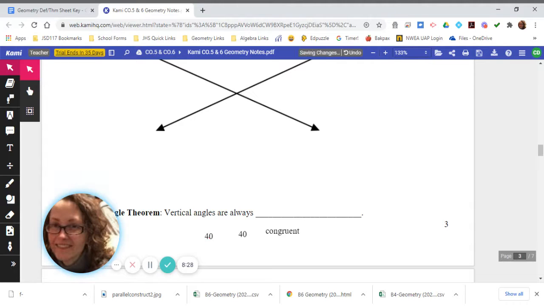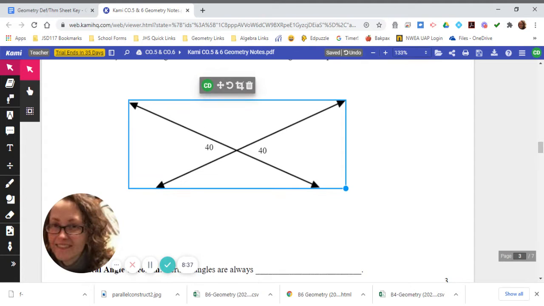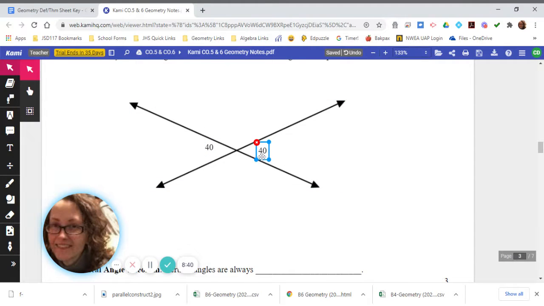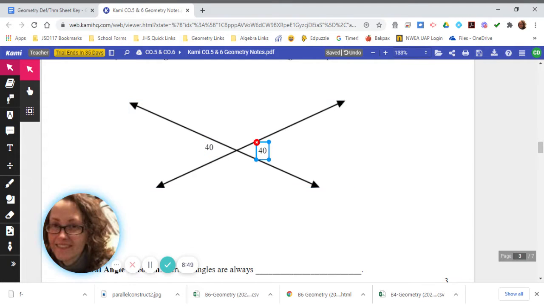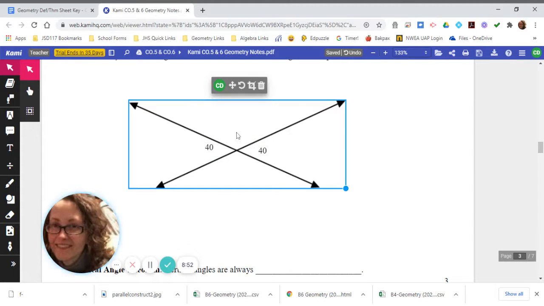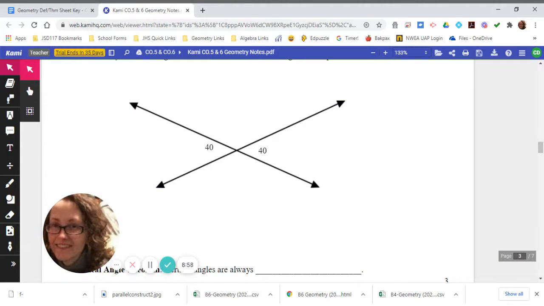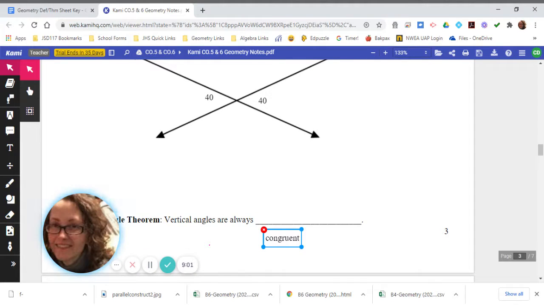And I found that my angles are going to be 40 and 40 on the two side angles here. So those are going to be two of my vertical angles. And then if I measured these two, I'd also get 140 for both the top and the bottom. That tells me by demonstration, not really by proof, but I demonstrated here that vertical angles are always going to be congruent.